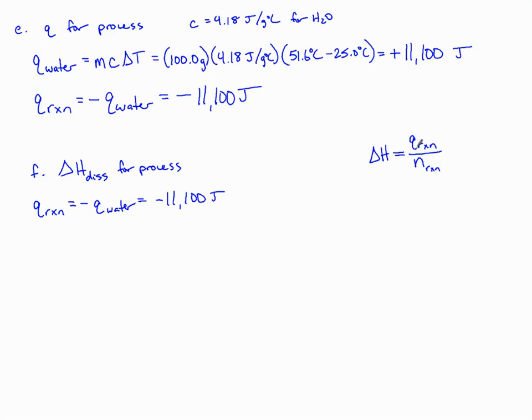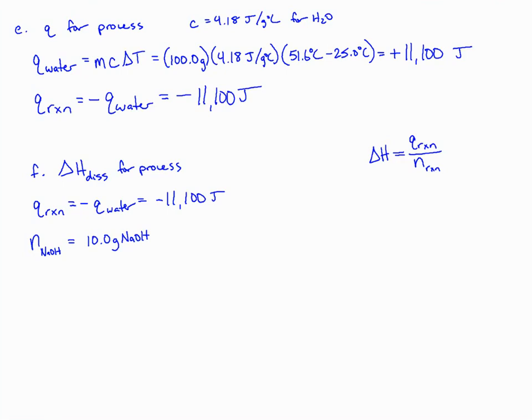So what you end up with is how much heat divided by how many moles. We know how much heat, that was 11,100. We need to know how many moles of sodium hydroxide we had. Again, if you look all the way to the top of the page, we know that we put in 10.0 grams of sodium hydroxide.